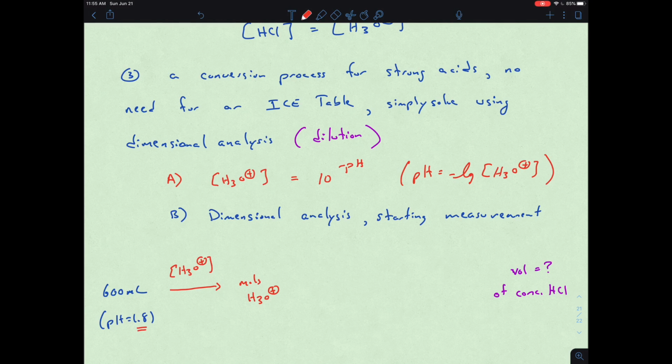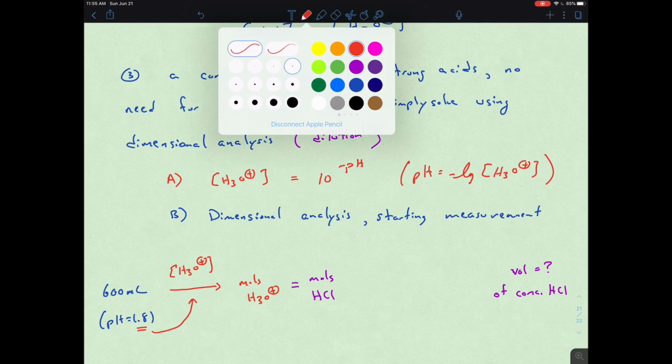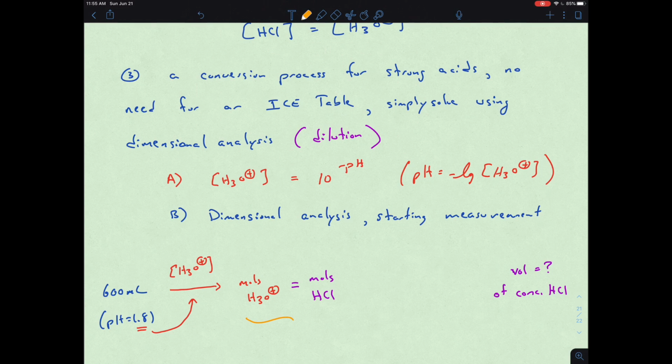So that pH of 1.8 allows me to do that type of conversion, to take the volume, apply the molarity, and then we get moles of hydronium. Moles of hydronium is actually equal to moles of HCl. That comes from the fact that we have here a very strong acid.